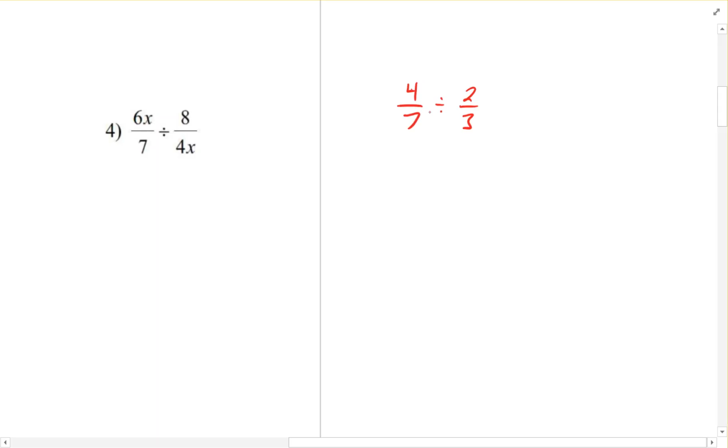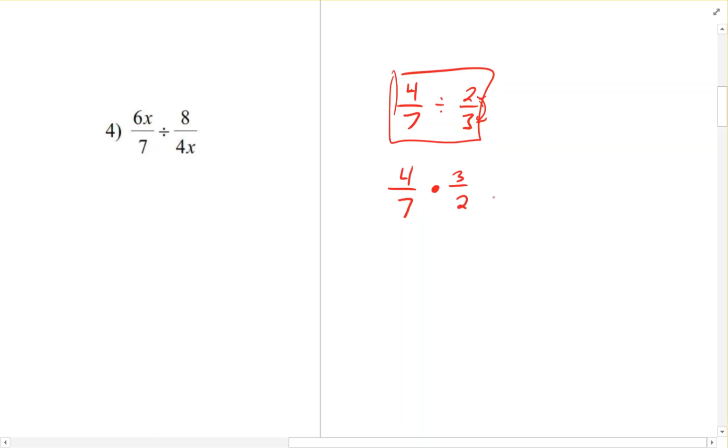Well, dividing by something is the same as multiplying by the inverse of it. So remember, inverse just means flipping it upside down. So this expression that I have right here is the same thing as going 4 over 7 times, and then just flipping these upside down, so 3 over 2. So you just flip those.